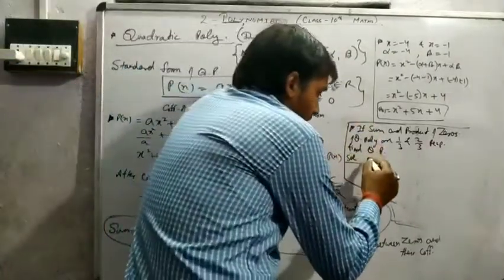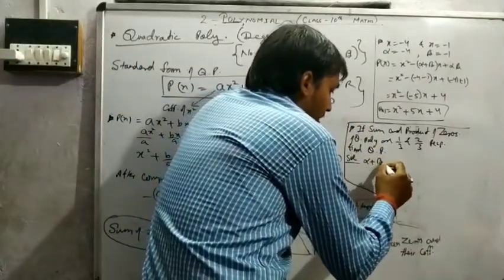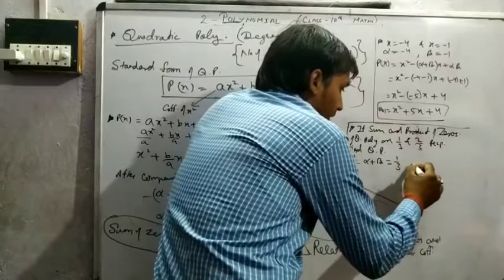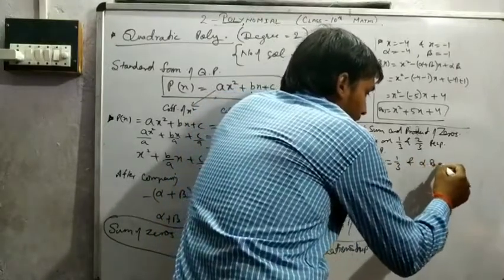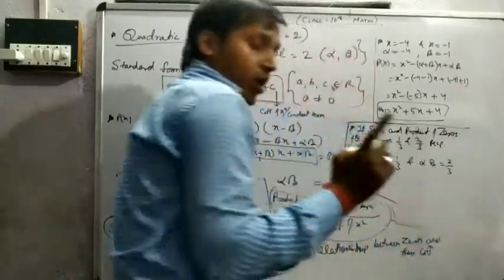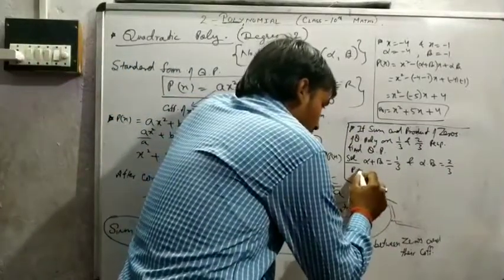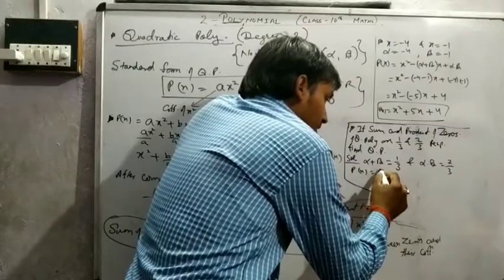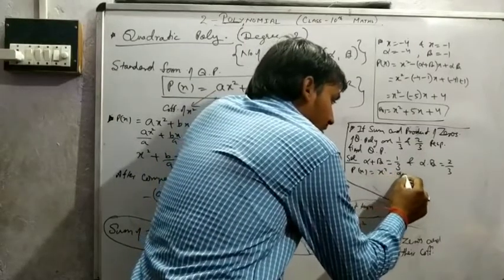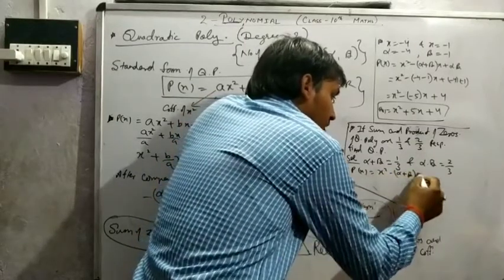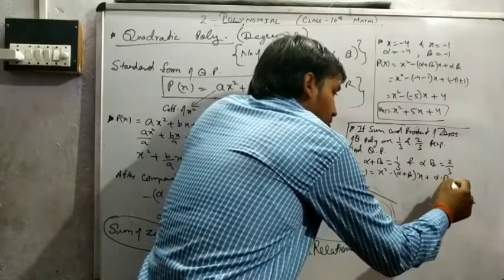So, what's given? Alpha plus beta, the sum of zeros, is 1 by 3, and alpha into beta, the product of zeros, is 2 upon 3. So the formula: polynomial of x is x square minus sum of zeros into x plus product of zeros.